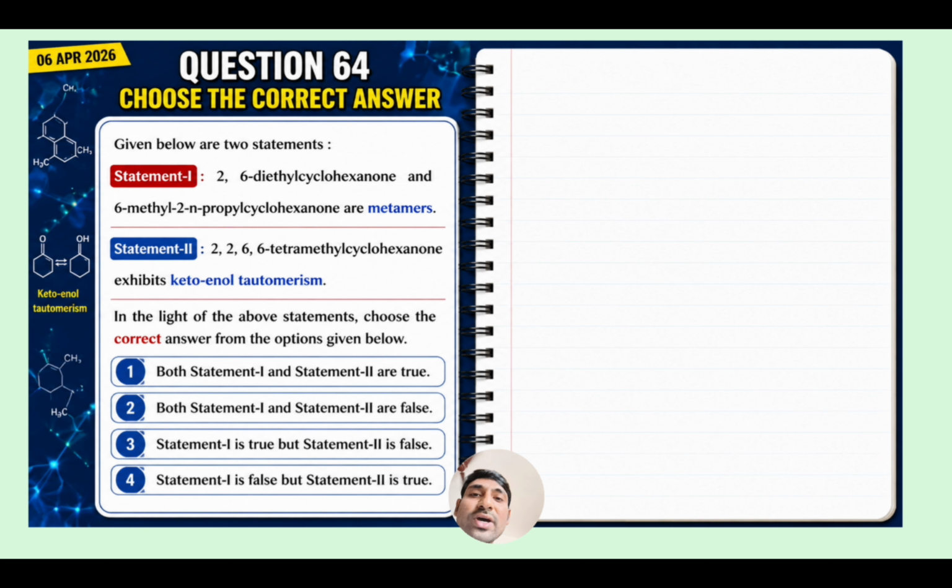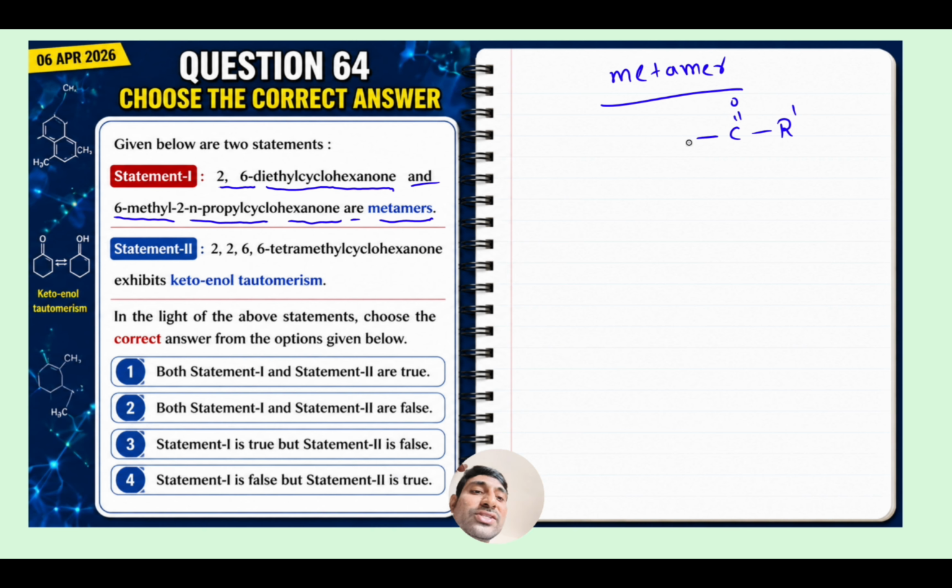Okay students, if you observe this question, they have given two statements. Statement 1 is that 2,6-diethyl cyclohexanone and 6-methyl-2-n-propyl cyclohexanone are metamers. First we should understand metamers. Metamers have the same functional group but different attached alkyl groups.